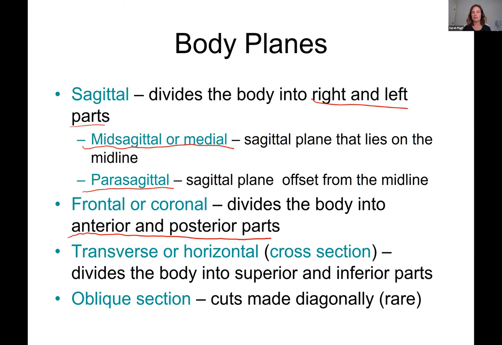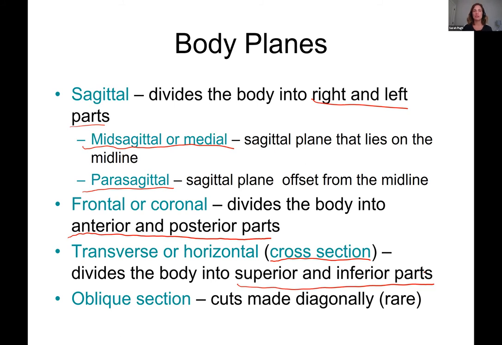They all mean the same thing. I typically use this term mostly. I call it a cross section. That's just what I learned when I was in anatomy. This would be like if we cut the body into an upper half and a lower half. So it divides the body into superior and inferior parts.